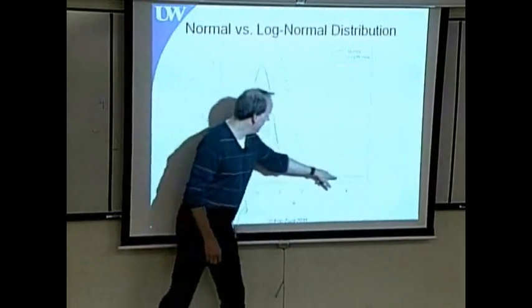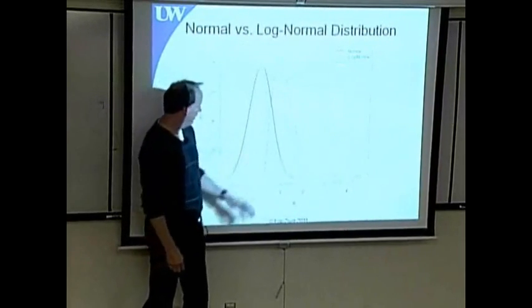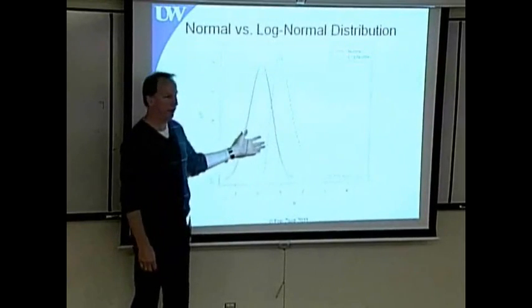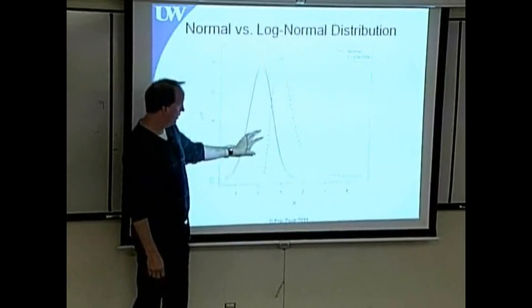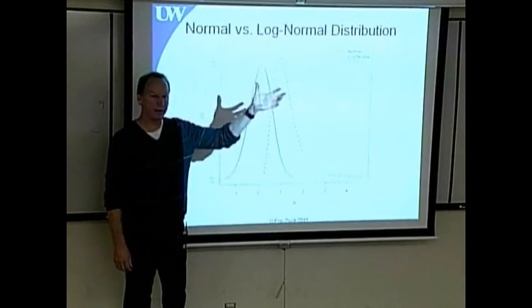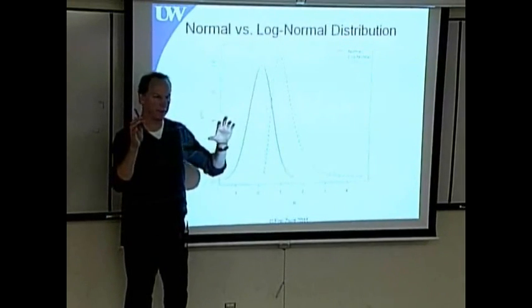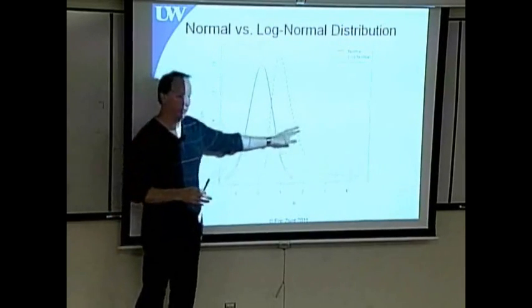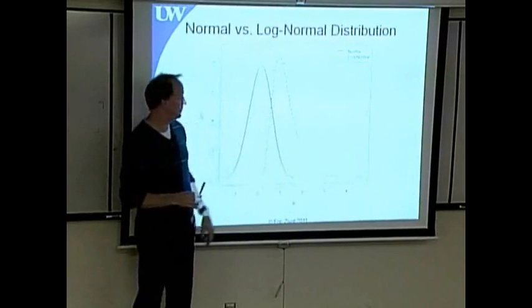And we see that it has a shape that is a little bit asymmetric. The log normal distribution, because when you take e to the x you always have something that's positive, produces a bit of skewness or asymmetry in the distribution relative to the normal distribution.